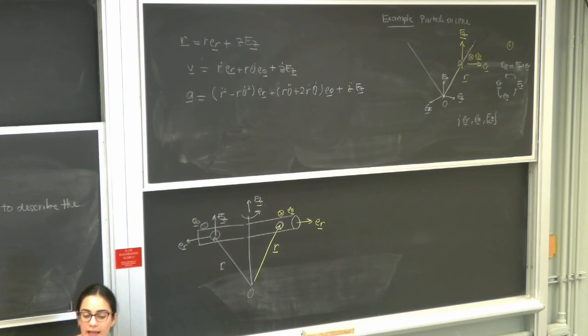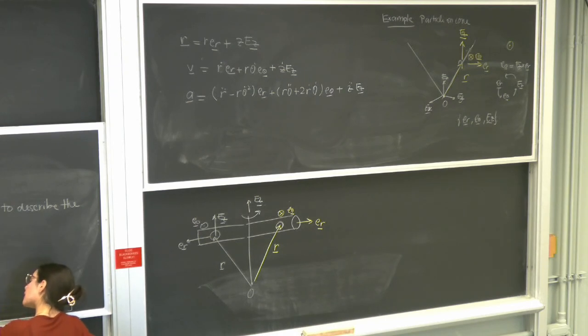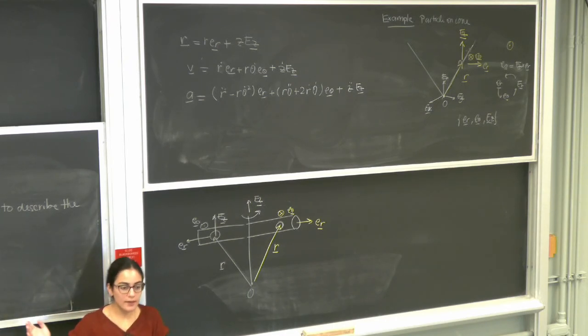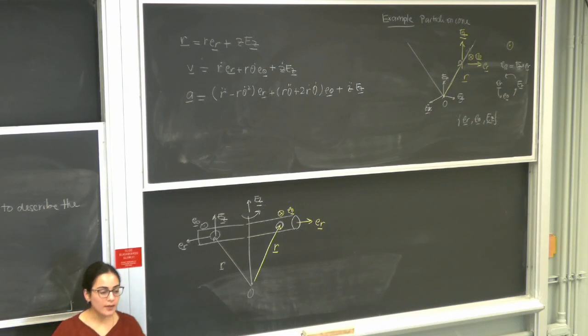I added how many scalar constraints? One constraint, which is the length. The distance between them is constant. So basically (x1 - x2)^2 + (y1 - y2)^2 + (z1 - z2)^2 = L^2, where L is the length of the rod. I added 1 scalar constraint, which is the mathematical equivalent of connecting the 2 particles by 1 rod. So how many degrees of freedom do I still have? 5. 6 minus 1 is 5.